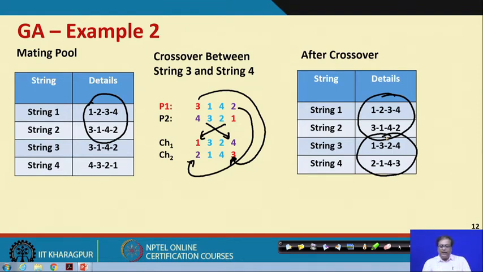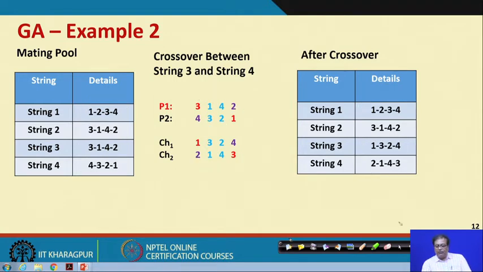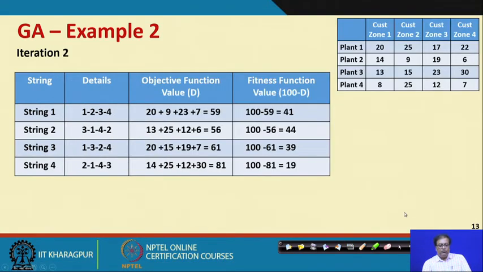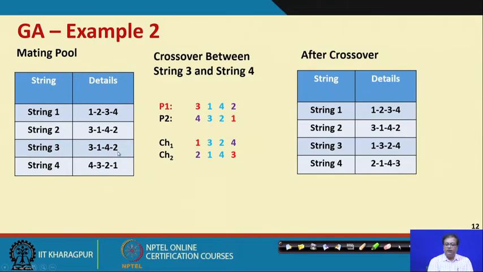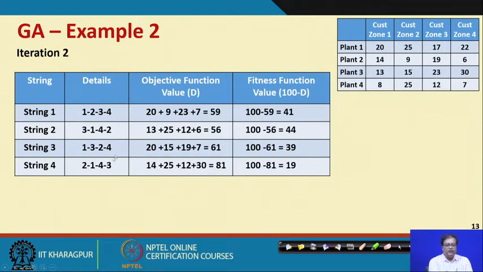Having obtained this, after crossover, we see what is the new situation. These are our new strings, and again we compute the d and 100 minus d by the procedure already shown. So, this is our new fitness function values.